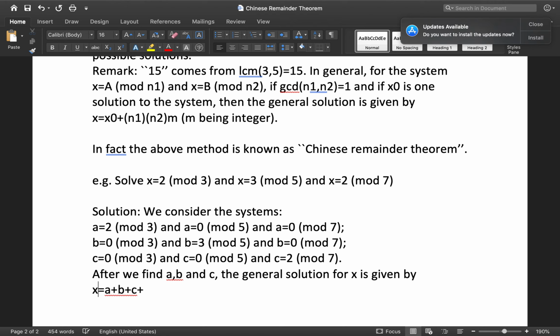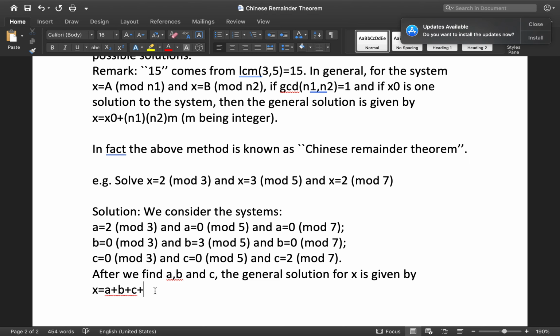Okay, so you can check. After you take the sum, that x will satisfy the original system. But it's not the general solution because you have just one solution only.